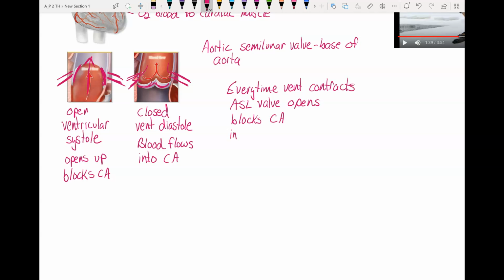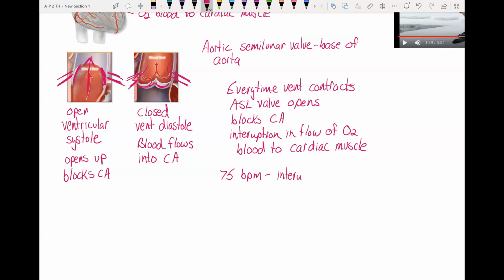So you have an interruption in the flow of oxygenated blood to your cardiac muscle. So you can actually have a heart attack if your heart beats too fast. Every time your heart beats, you block this. So let's say the average adult resting heart rate, 75 beats per minute. This means that in 60 seconds and 1 minute, you interrupt the blood flow 75 times.